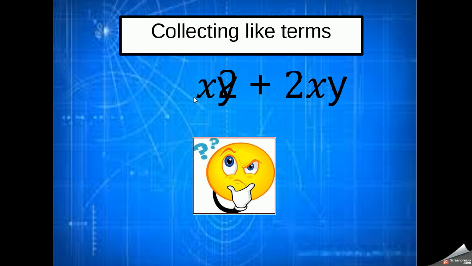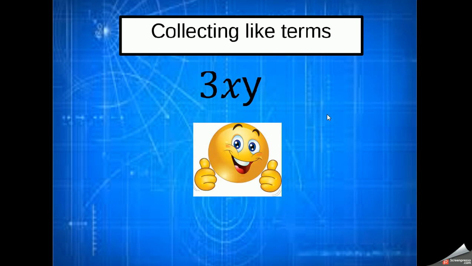So this is one lot of xy. Here we've got two lots of xy. So we can actually gather them together to make 3 lots of xy. So although there were variables there, we couldn't just do, say, x plus y, but we can gather the two xy's together to form 3xy.